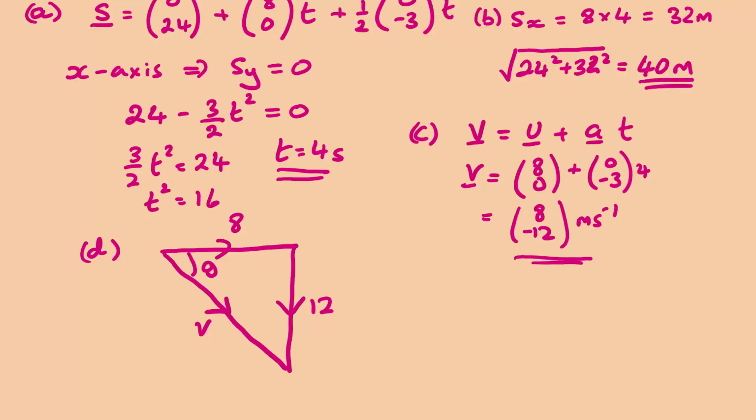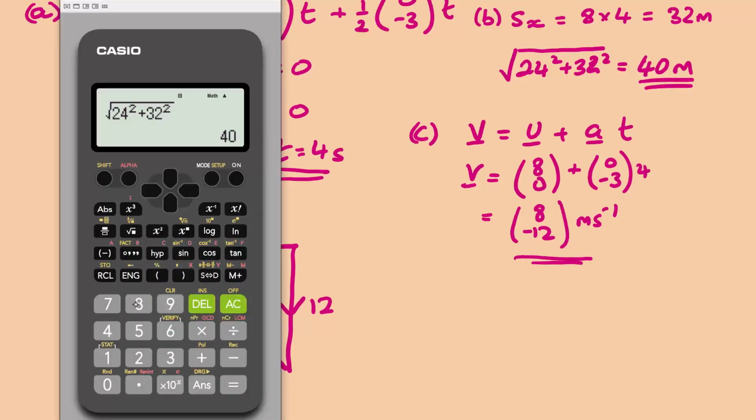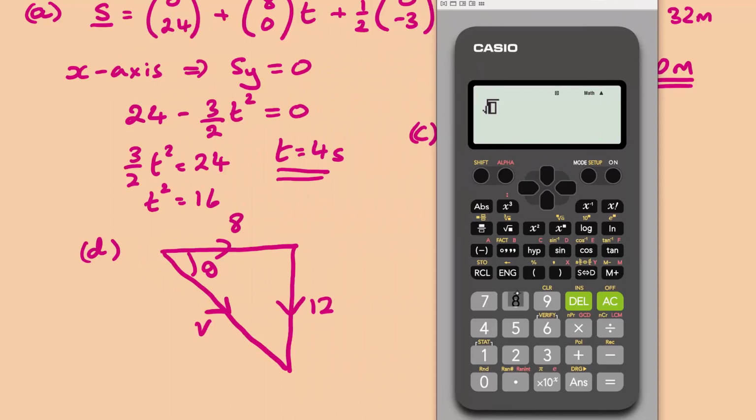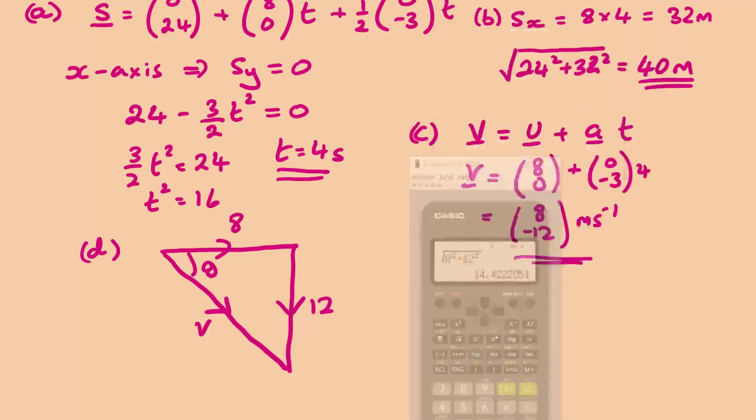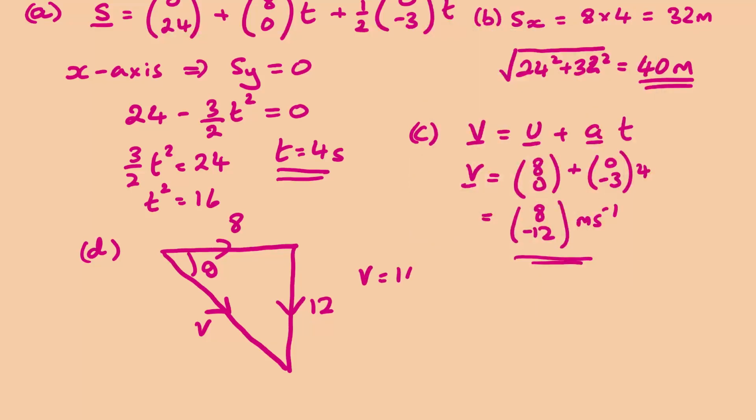And so as far as v is concerned, that's just going to be the square root of 8 squared plus 12 squared, which is 14.42 meters per second, correct to 2 dp.